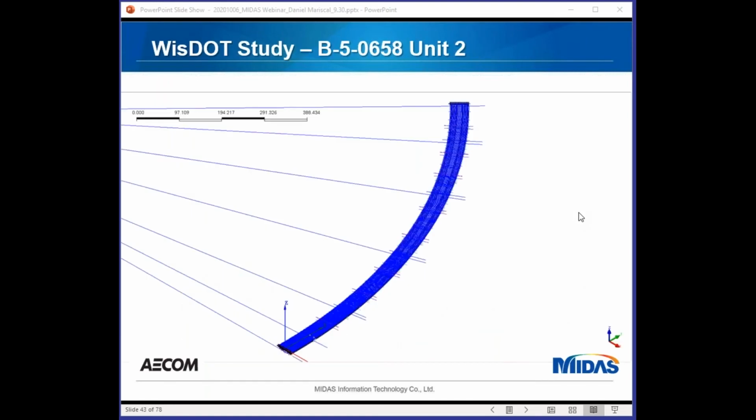So I'm going to start showing some of the MIDAS FEA. The reason why I think MIDAS FEA is easy to model is because in a regular structural program, you have to create your coordinates, whether you do them in the program or in a spreadsheet. You have to create your nodes first, your coordinates of your nodes. Then you have to create your elements, your connectivity between node and node.